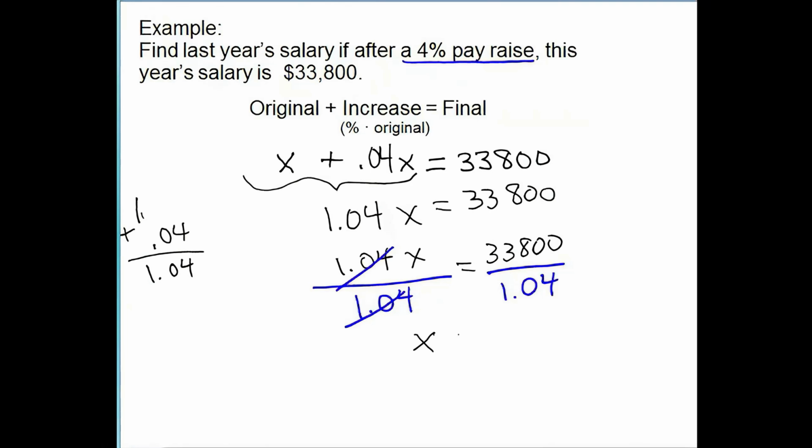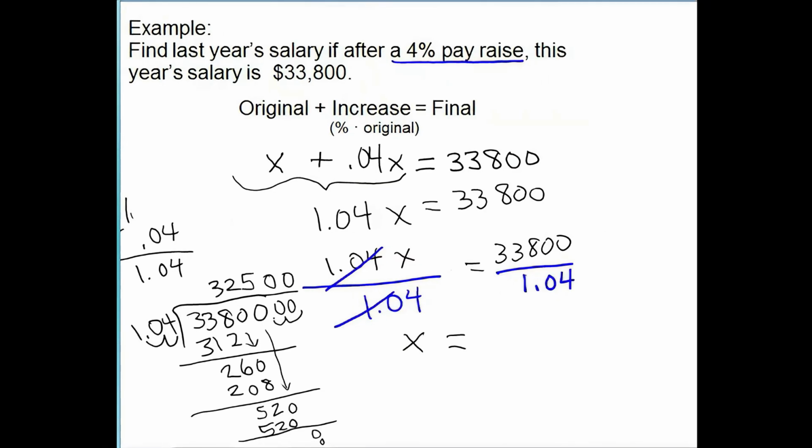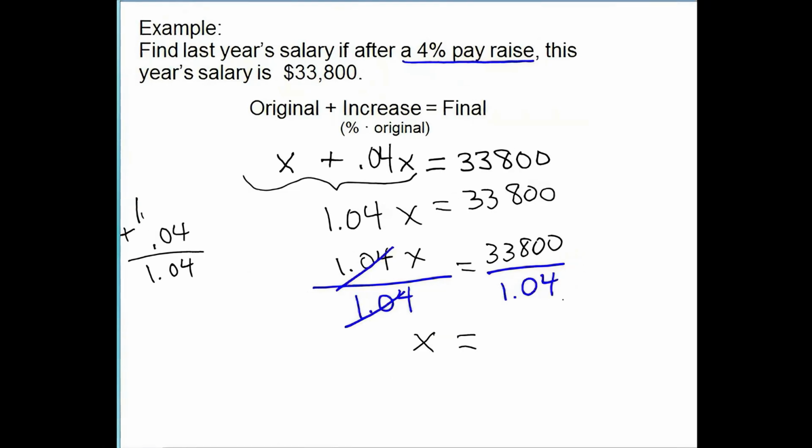Remember, if you're punching this in your calculator, to go top to bottom. 33,800 divided by 1.04. If you have to do it by hand, it will be a long division. So 1.04 into 33,800. Remember to take your decimal out of the divisor, so 2 places over.